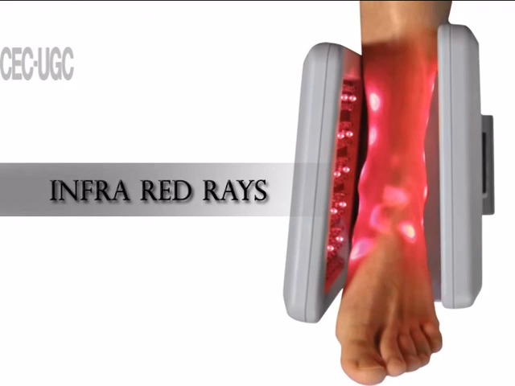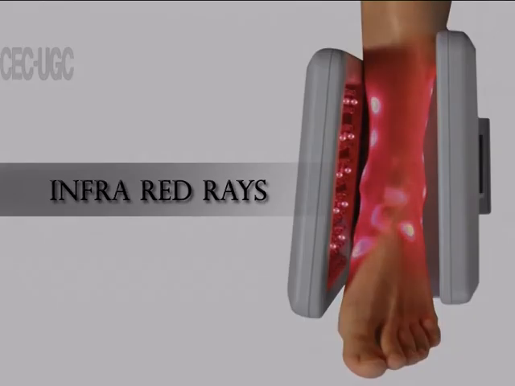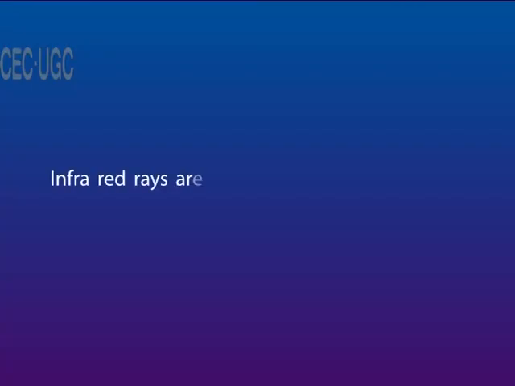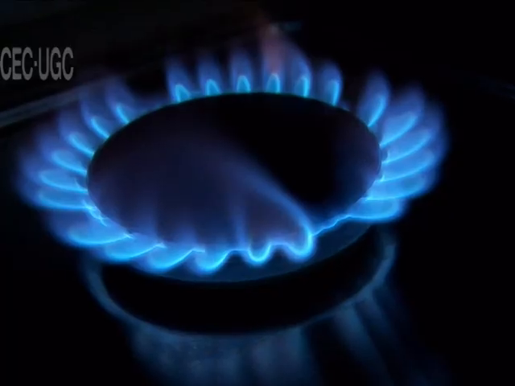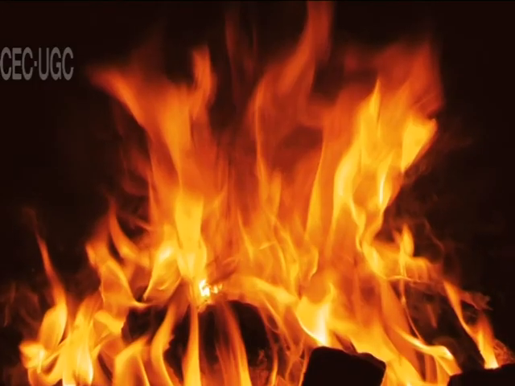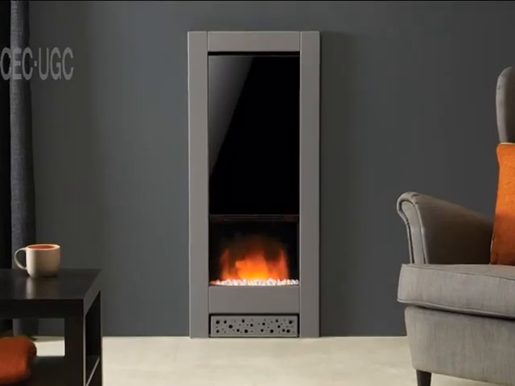And here comes the infrared rays. Infrared rays are electromagnetic waves with wavelength of 750 nanometers to 1 millimeter. Any hot bodies emit infrared rays, such as the sun, gas fire, coal fire, electric fire.